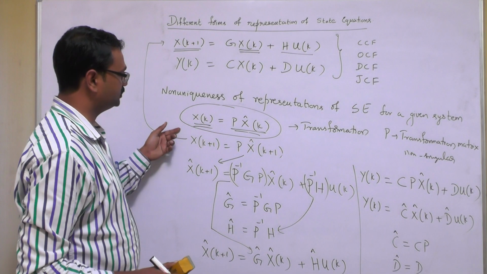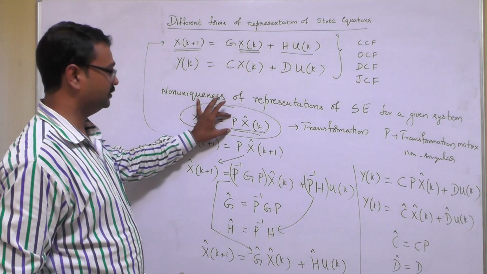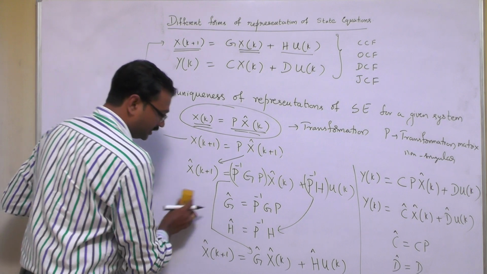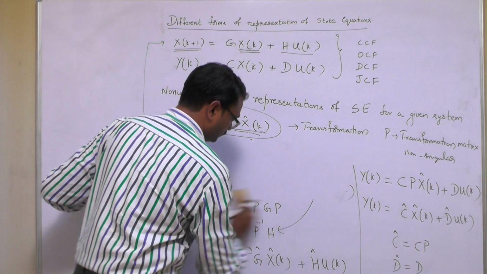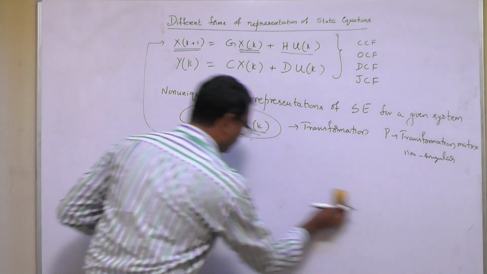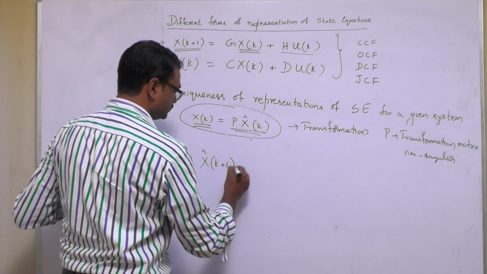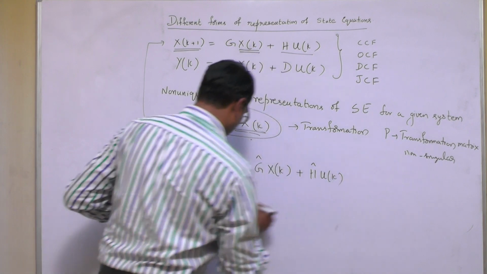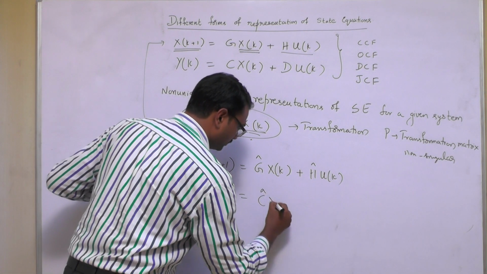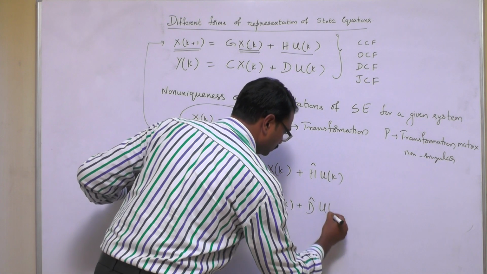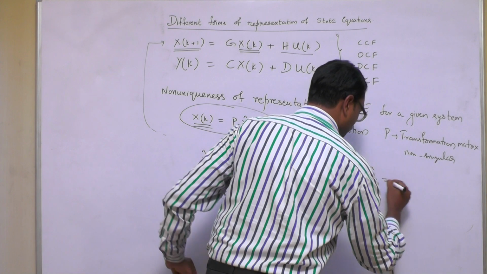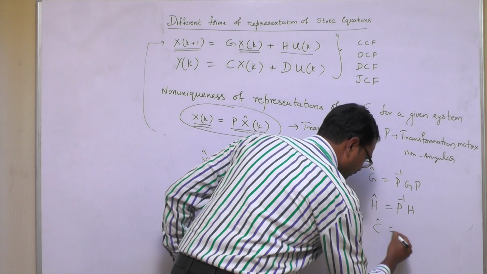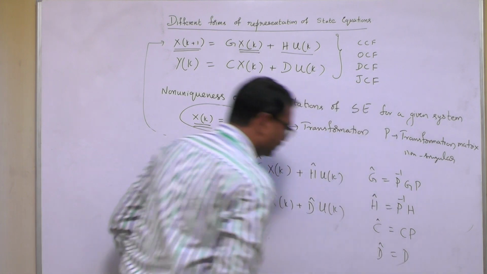If you can find the transformation matrix P, then you can transform this system into another system where x̂(k+1) is equal to Ĝ x̂(k) plus Ĥ u(k), and ŷ(k) is equal to Ĉ x̂(k) plus D̂ u(k), where Ĝ is equal to P inverse G P, Ĥ is equal to P inverse H, Ĉ is equal to C P, and D̂ is equal to D.